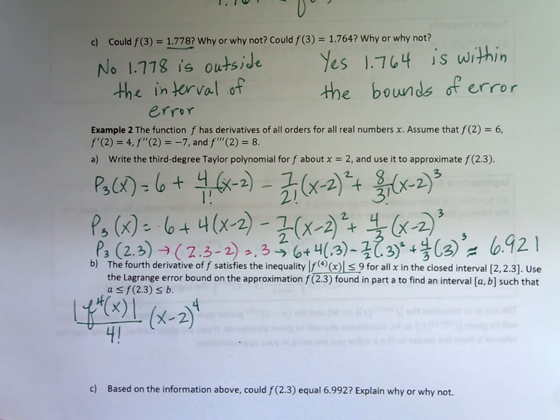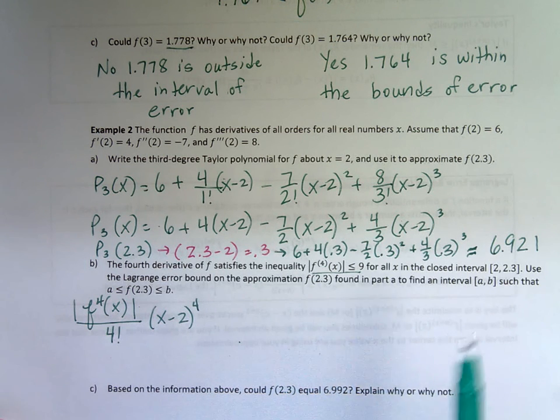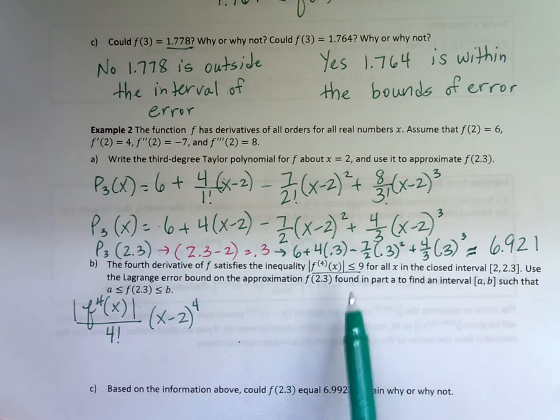So that's what the error would look like, just like it did back in part A of example 1. So the question is, what is this fourth term? If I were to go to the fourth term for this, it is this value.